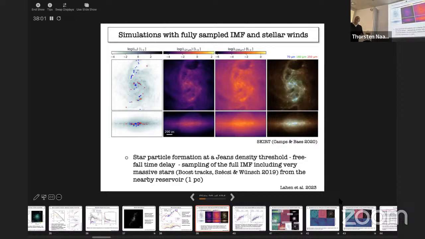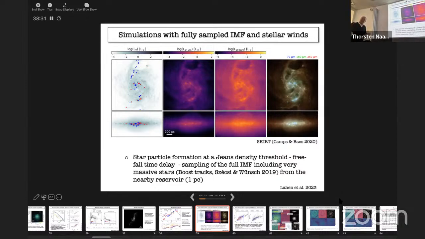We wait for a free fall time, and then we sample the full IMF. It's subgrid, but we try to do the best we can for the subgrid prescription. So in the new simulations, we have a fully sampled IMF. Natalia has coupled this with stellar evolution tracks, which go up to 500 solar masses.